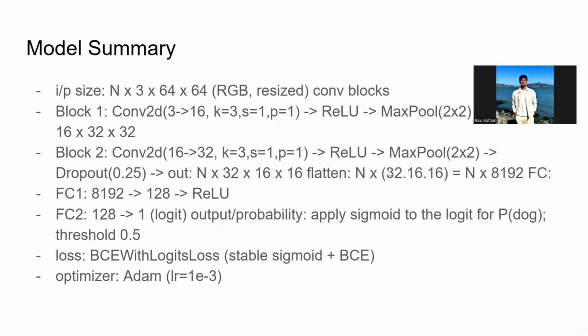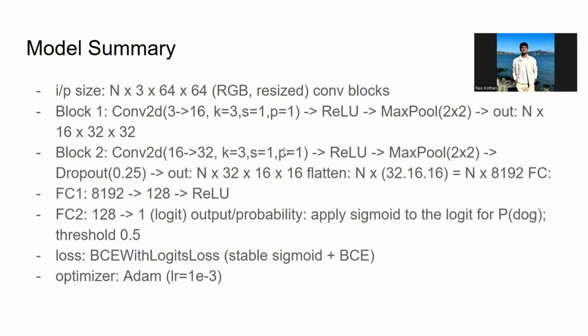Our neural network model is inspired by the AlexNet model. We have 4 hidden layers. The input size is 64 cross 64, and we send in n images in each batch, and we have the 3 channels RGB. Block 1 is the convolution block, where the input image's 3 channels are converted into 16 channels.